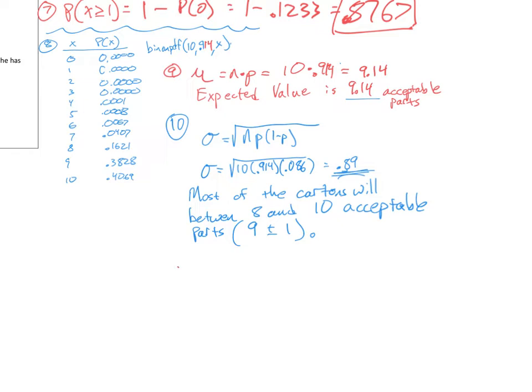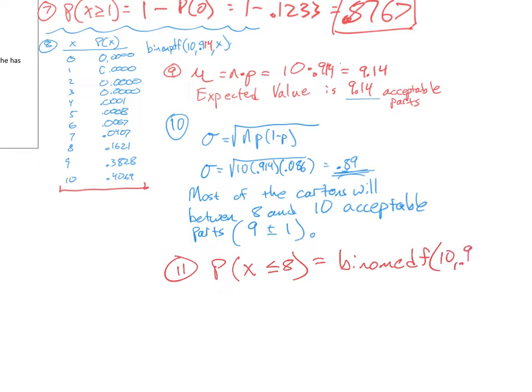So what we need is to find the probability of X, the acceptable good parts, being less than or equal to 8. That means we need to add up all of these up to 8. We can do this with our calculator, binomial cdf of 10 parts with 0.914, 0 and 8.